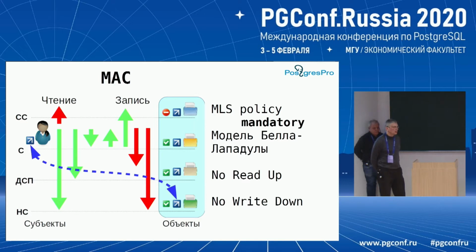And the rules of comparison are specified in system policies that are obligatory for all the users of the system and for all the applications. This is the difference between mandate, discretionary, and role access control method. The mandatory access control method is obligatory and it cannot be changed.